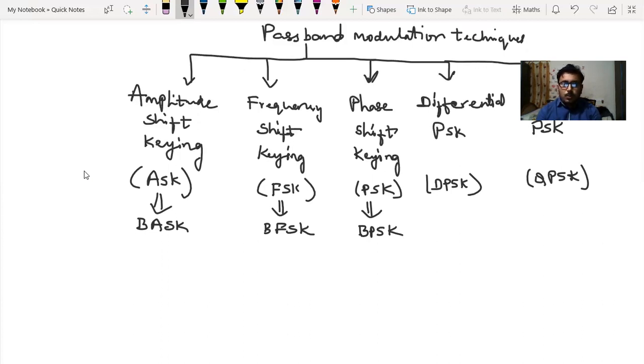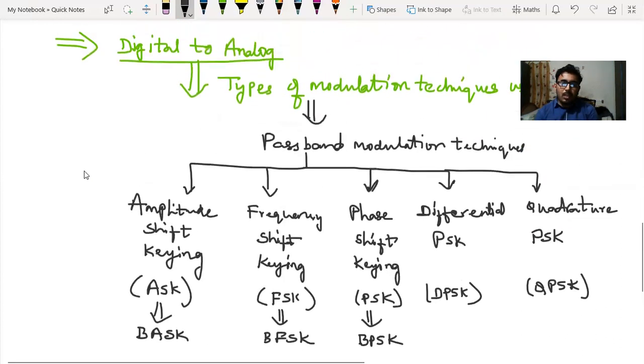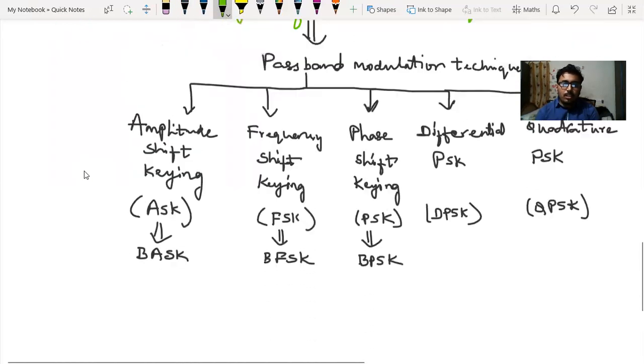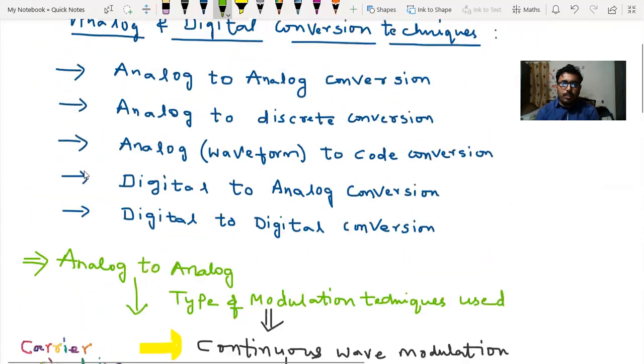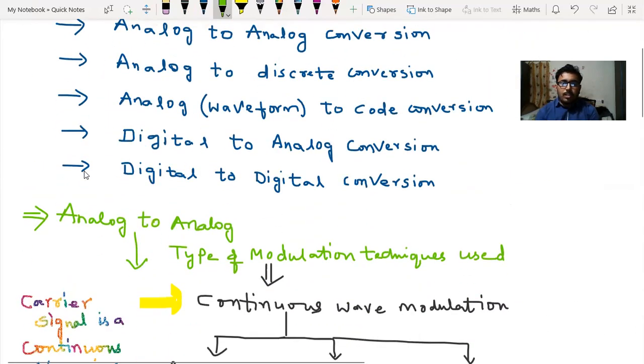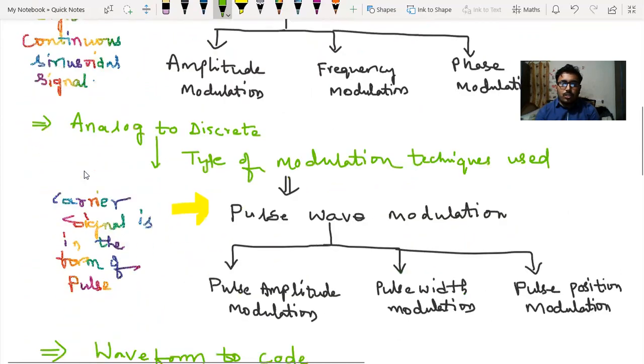So the output we are expecting will be in the form of an analog version. That is what you can take as the digital to analog conversion mechanism. Next, we have the next technique, that is digital to digital conversion.